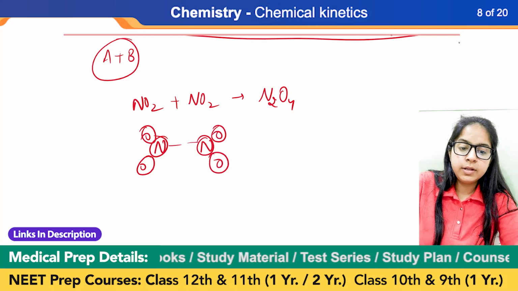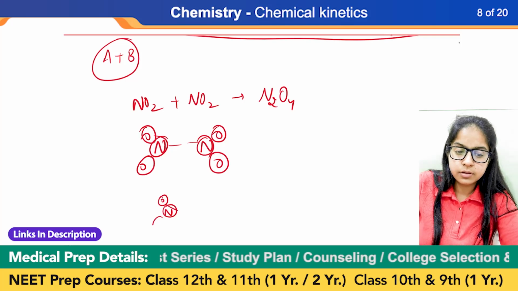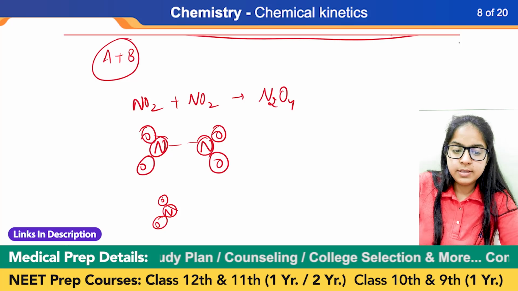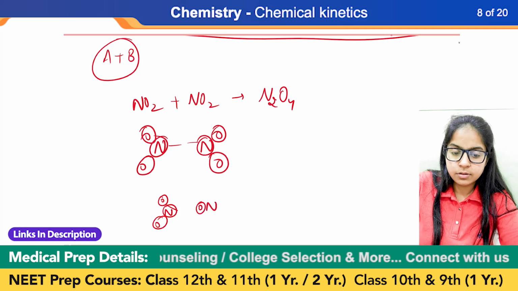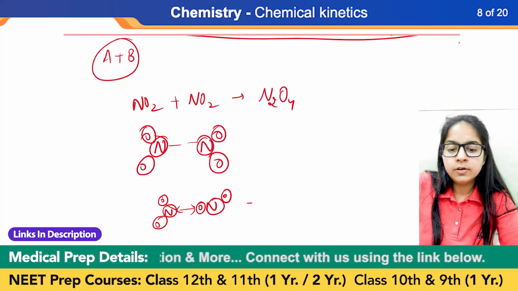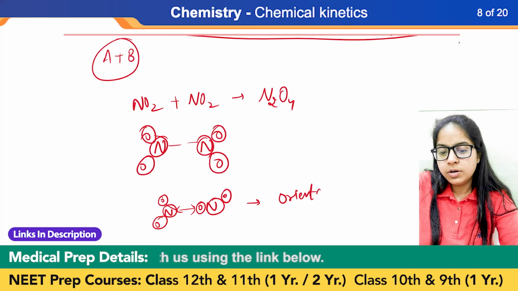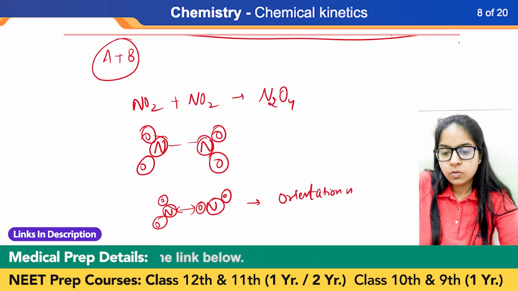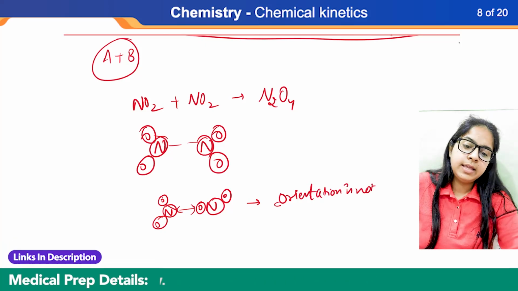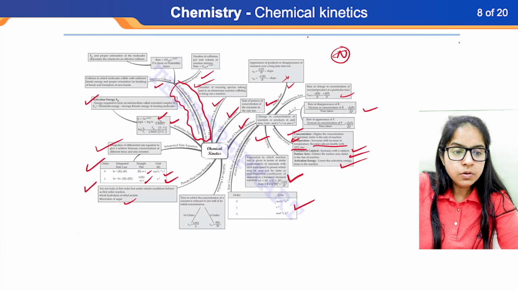We need a proper orientation like this, but we have this type of orientation. This is a wrong orientation. If the orientation is not good, then the chemical reaction is not going to occur.